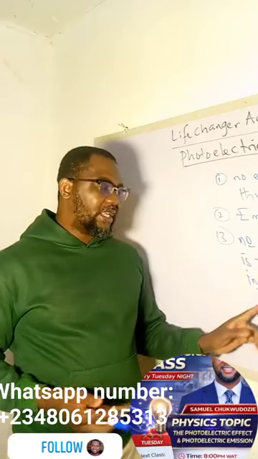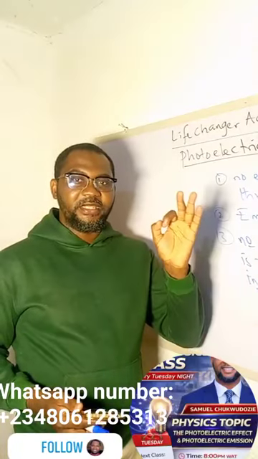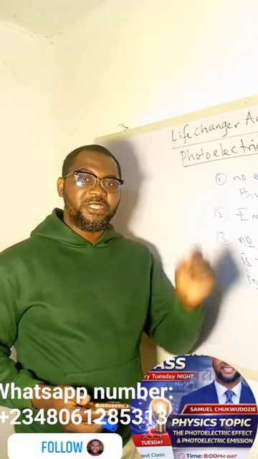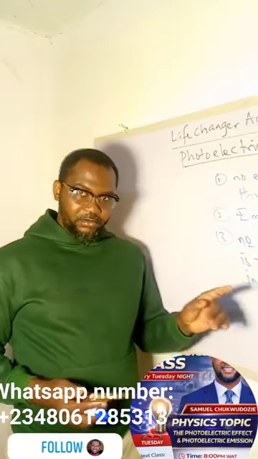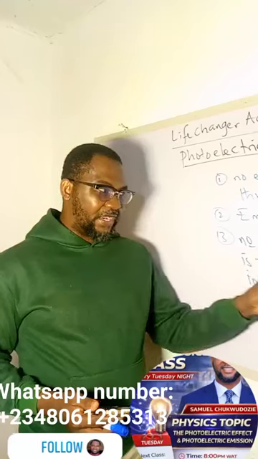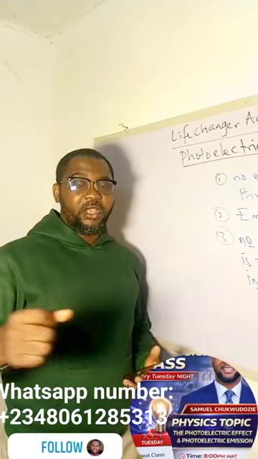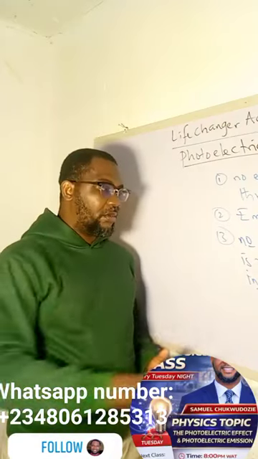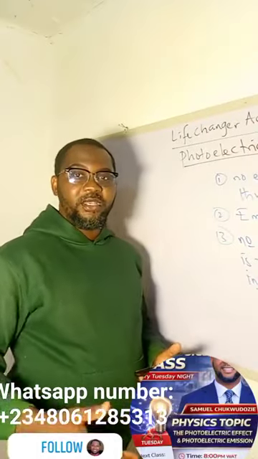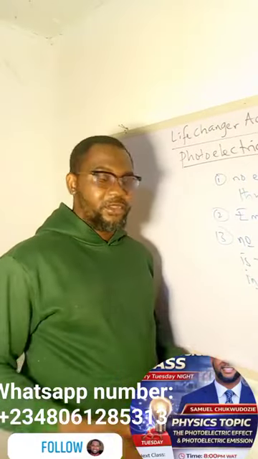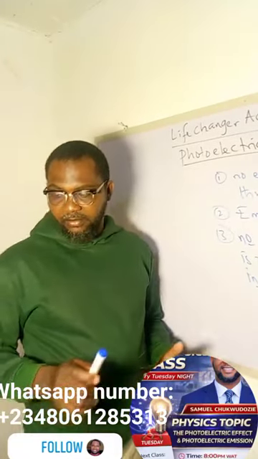Intensity of light has nothing to do with ejection of electrons from the surface. The light must have minimum energy, which is equal to the work function, for electrons to be emitted. But when we talk about the number of electrons emitted, intensity can make that happen. Work function and energy of light will emit the electrons, but the intensity of light is what will make the number of electrons emitted to be more. That is very, very important for us to note.